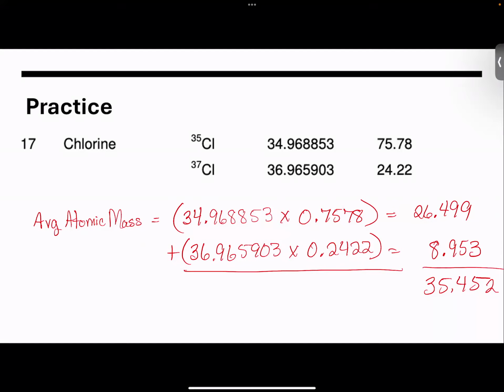It all depends on which periodic table I'm looking at, exactly how many digits it records. So that's why I don't actually worry about significant digits on that particular problem. If I were to worry about it, it would be 35.45.